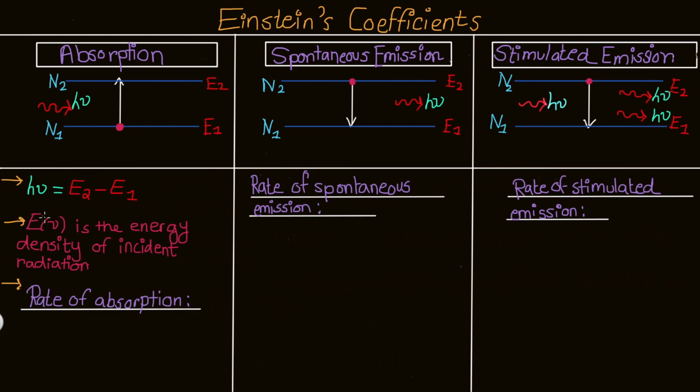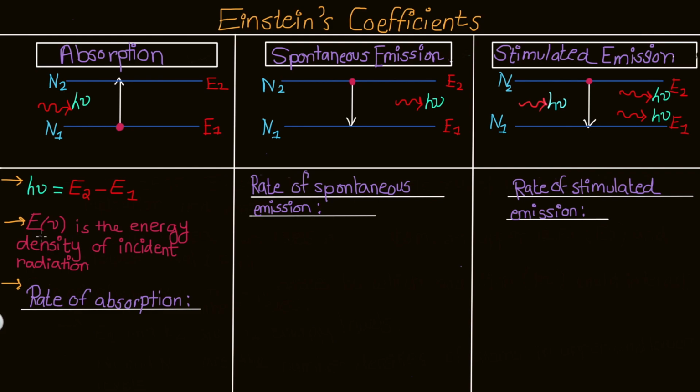So first of all, what we have to know is that the energy of the photon is Planck's constant times the Greek letter nu, which is the frequency, which equals the energy of the upper level take away the energy of the lower level: h nu = E2 - E1. So that's what we want to know. You have to keep that in mind.